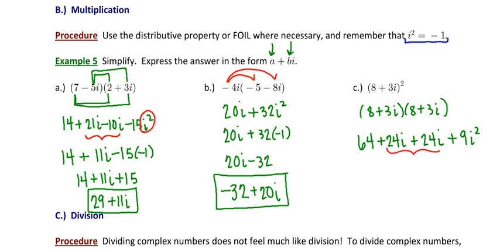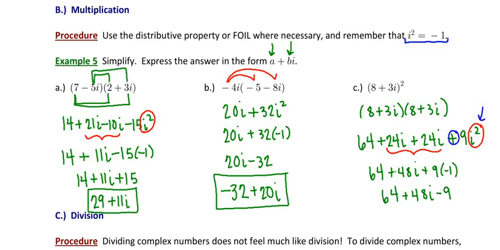Let's combine our matching middle terms and replace the i squared with negative 1. We have 64 plus 48i plus 9 times negative 1. Now, as you get used to working with that i squared, a shortcut is to realize that the presence of an i squared simply changes this sign, right? Plus 9i squared became minus 9.